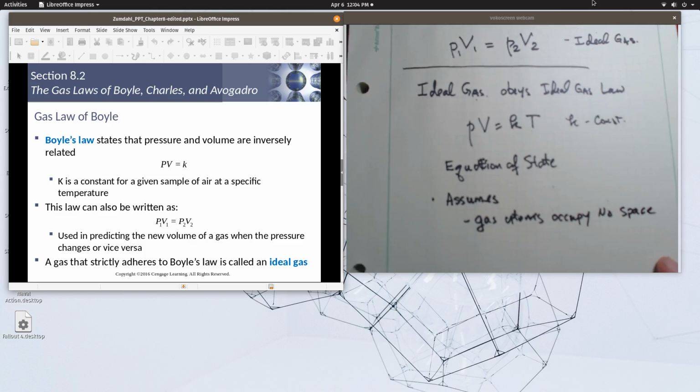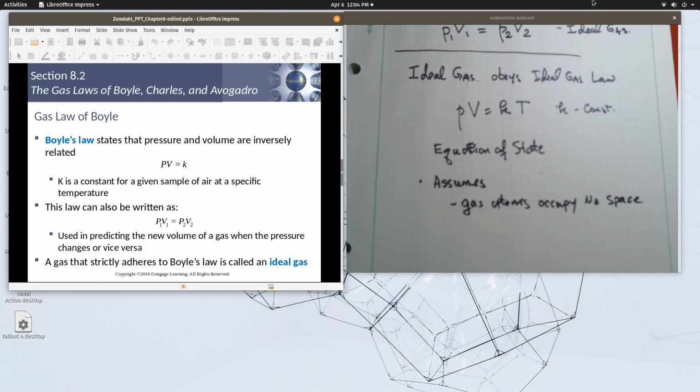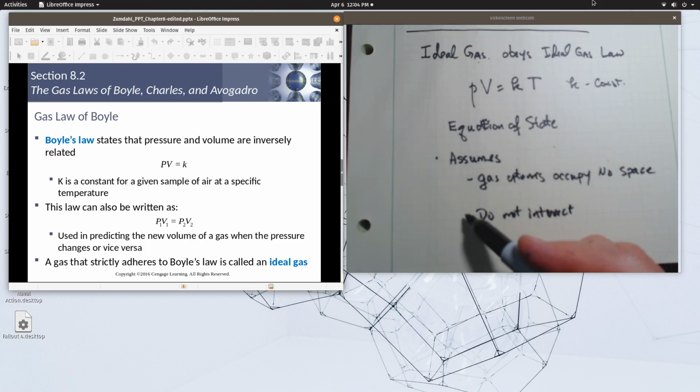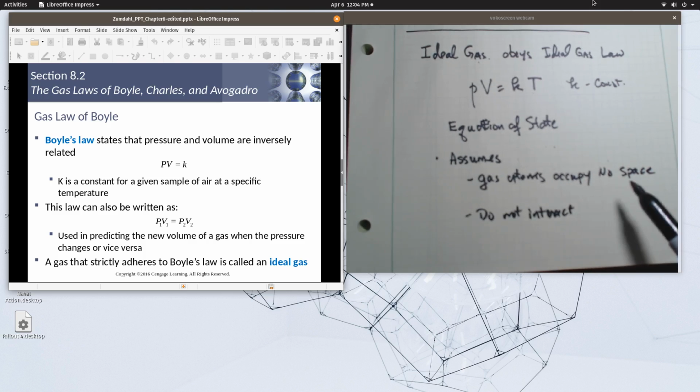They're point-like particles that carry mass but occupy no space. And remember, this is an assumption. We know that's wrong. And that they do not interact.